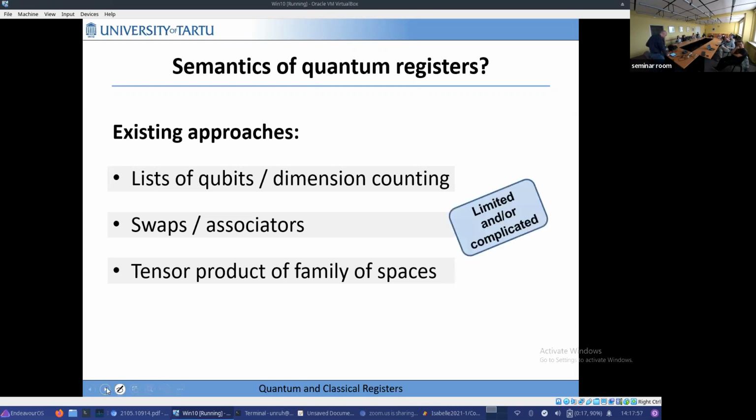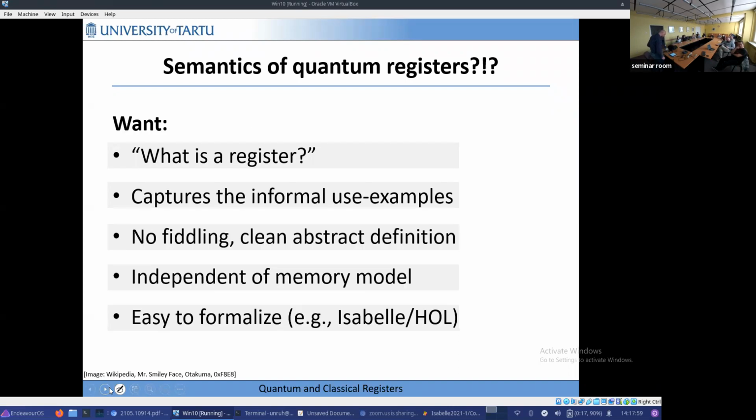So my question was, can we do better? What we want is to answer the question in an abstract way: what is a register or a quantum register? I will later show you that the solution is not limited to the quantum case, it can be useful also for the classical case or maybe other cases that I haven't thought of. I wanted to capture all these informal examples that I have shown you.